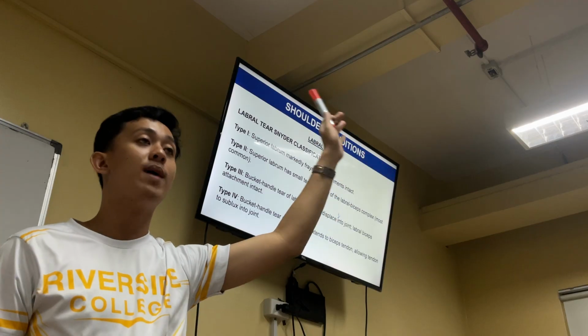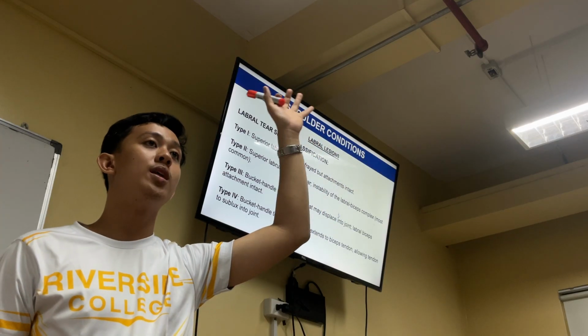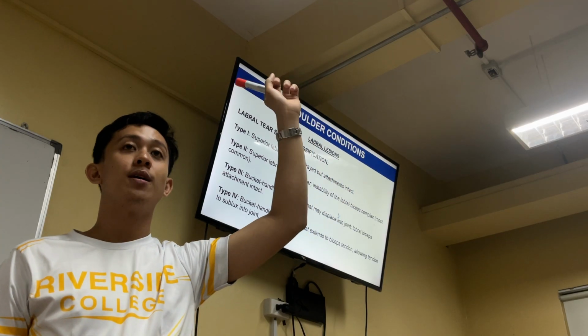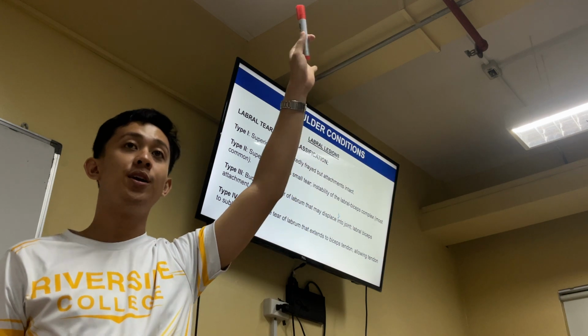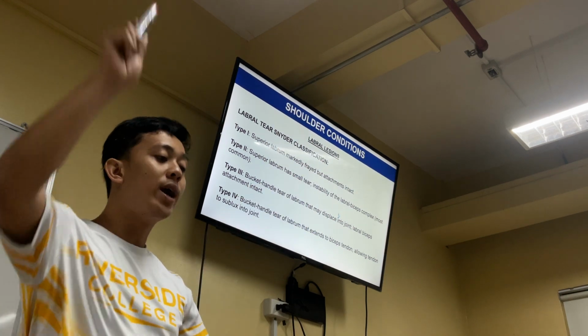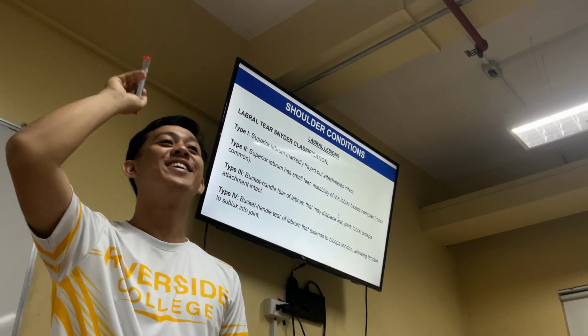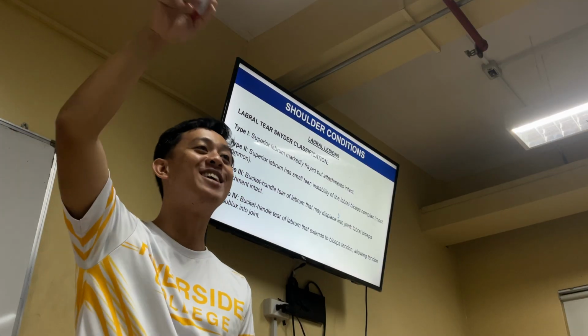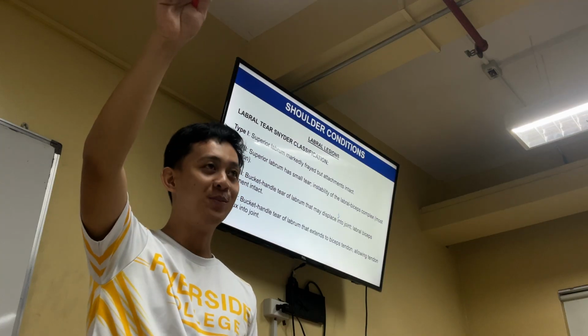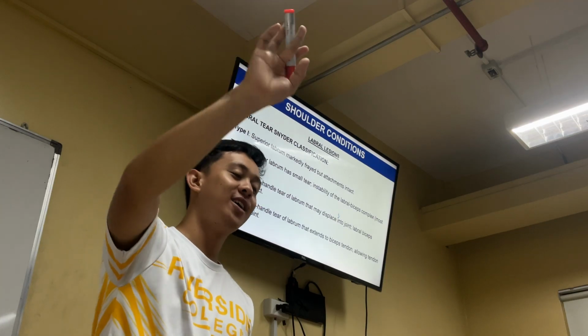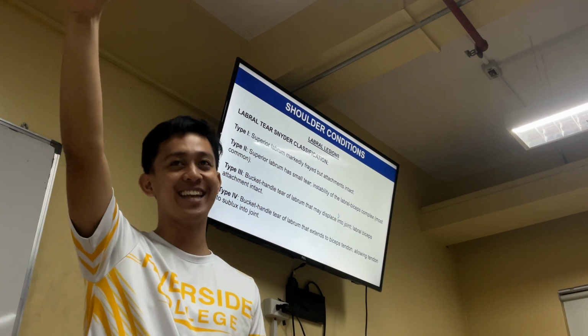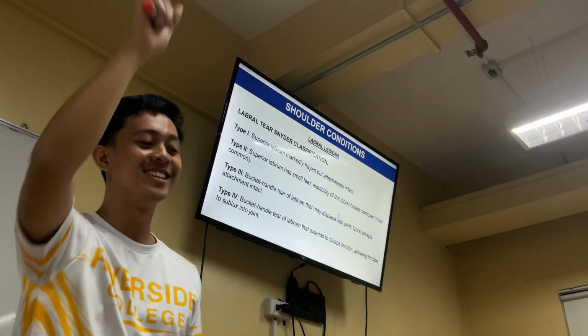Type 4, a bucket handle tear of your labrum with an affectation of your biceps tendon. Clear? So 1 and 3, the biceps tendon is intact, but there is affectation of your superior labrum. 2 and 4, both of them are affected.